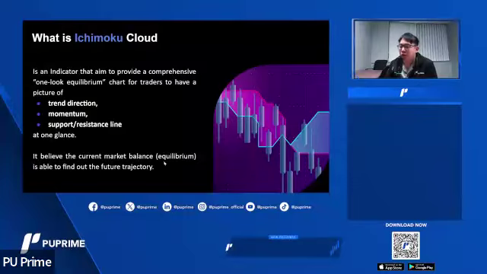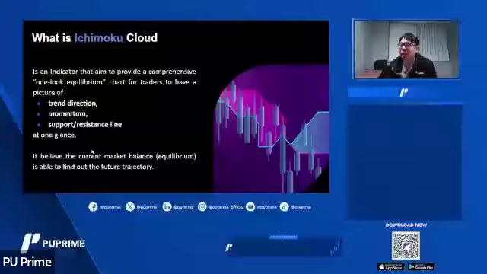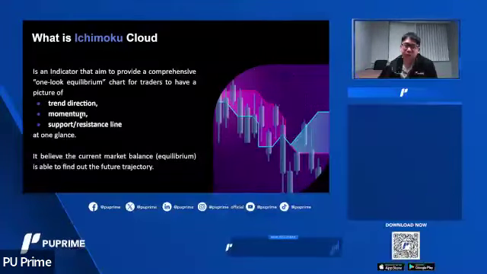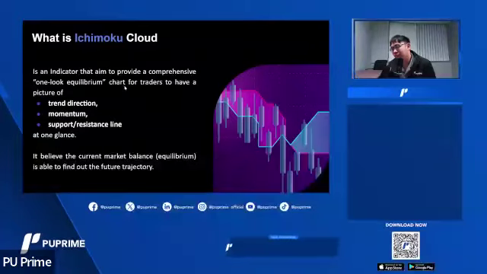But before I share with you, you have to really believe in the equilibrium. It means that the people who invented this Ichimoku Cloud believe that eventually the price will go back to the equilibrium, back to the average price, whether or not it has a sudden spike or a sudden dip. Eventually the price will find a balance and go back to the equilibrium price level.